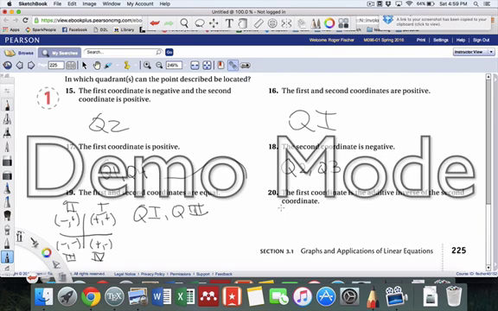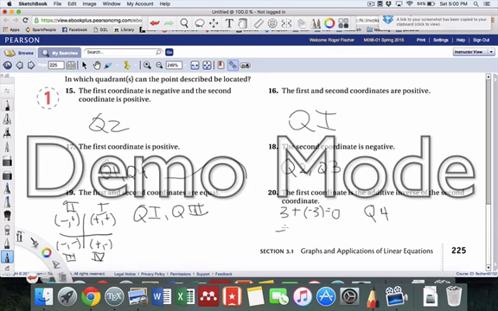So, 3 has an additive inverse of negative 3 because 3 plus negative 3 equals 0. So look at that. Positive, negative. Quadrant 4 has points like that, so it could be that this point is in quadrant 4, some point where the first coordinate is the additive inverse of the second coordinate.